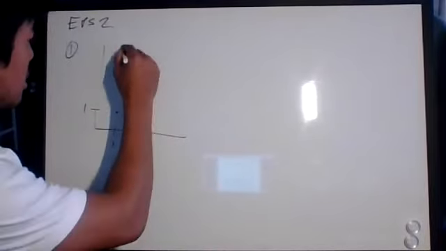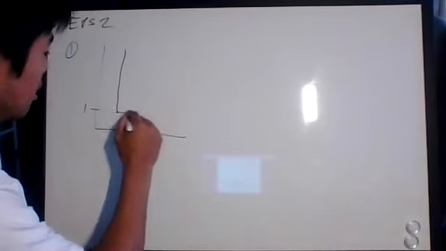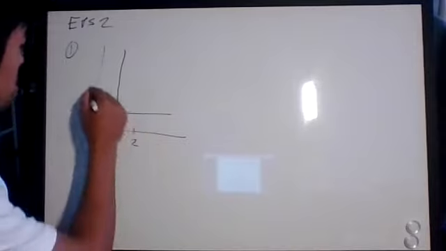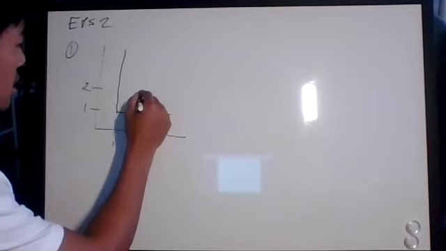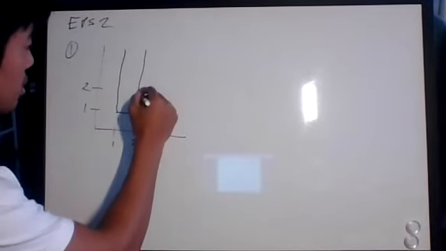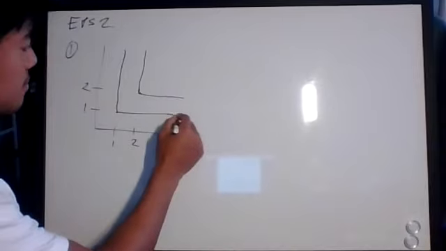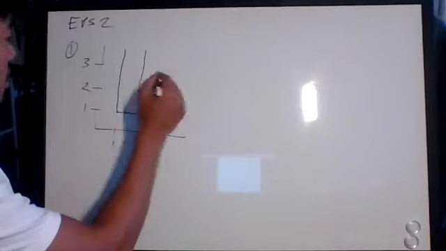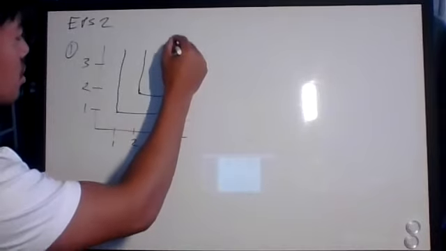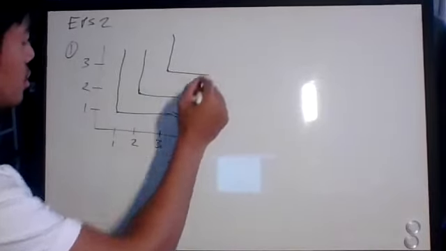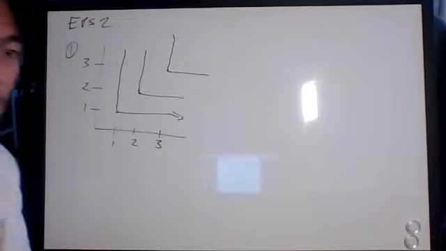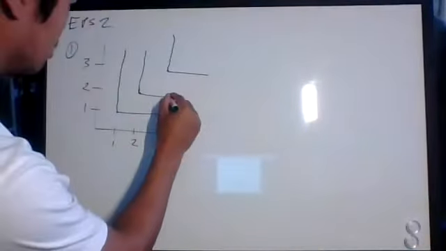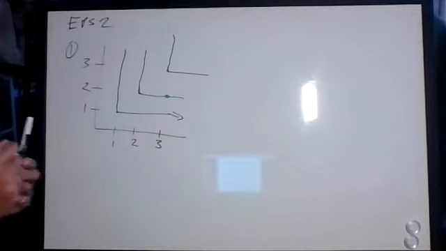This will be a point, and then this will be the L shape that comes through it, right? This is 2, 2, and here's another L point, a kink. And here is 3, 3. So at the point 3, 2, that means that we're currently right over here.